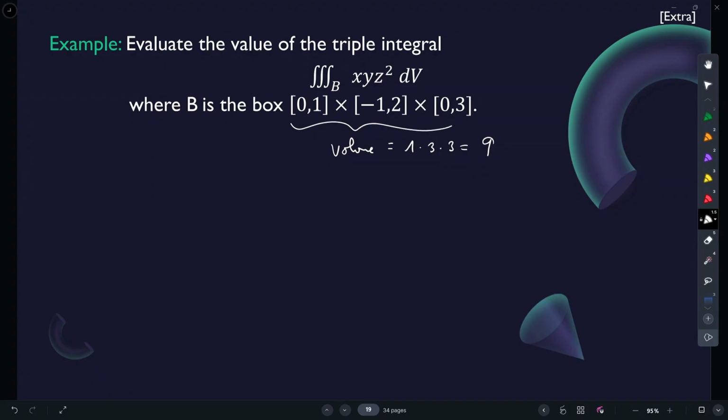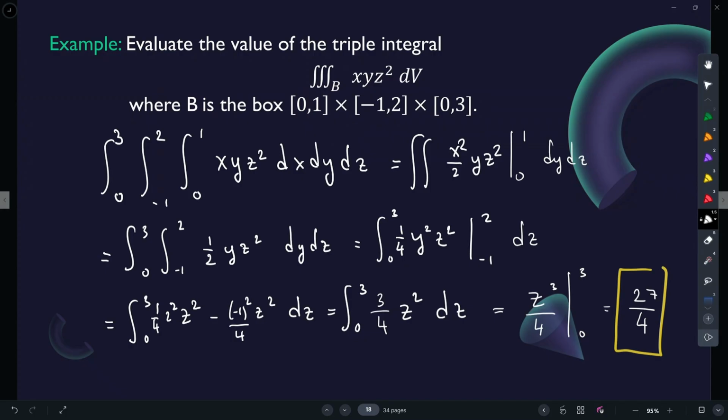Here, what's happening is that I have a region of volume 9, and in 4 dimensions there is a 4-dimensional thing that is sitting on top of that region of volume 9. Now I have to compute the hypervolume of that thing. This hypervolume was 27 over 4. Okay?